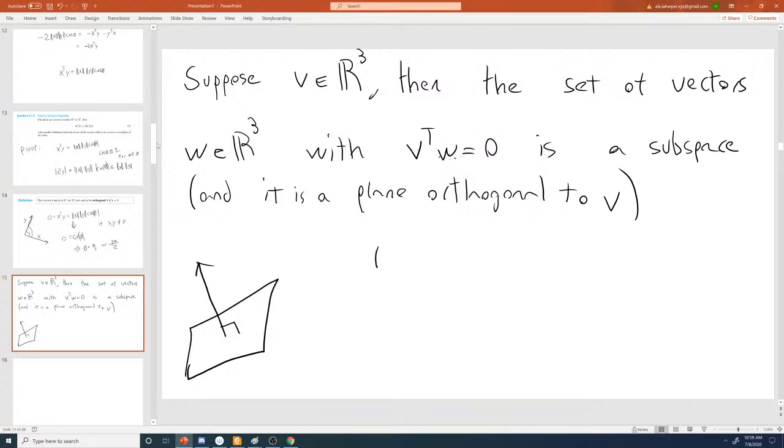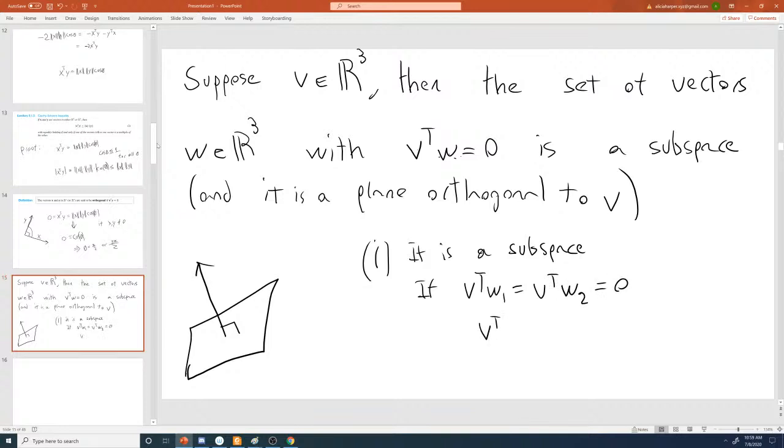So let's verify two things. The first thing we're going to verify is that it's a subspace. To see this, you have to check that if V transpose W1 is equal to V transpose W2 is equal to 0, then V transpose times A1 W1 plus A2 W2 is equal to 0.